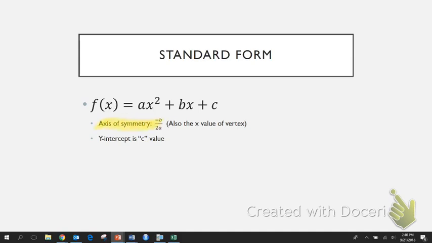There's not a great mathematical explanation for why this works, or not a simple one at least. So just copy down that the axis of symmetry is going to be at negative b over 2a, and that's the x value of the vertex. And then we'll do some stuff with that in class, but just have that in your notes. And the only thing that we can really get from this is the y-intercept is just c. But you don't have to memorize that stuff. Just have it written down for the future.